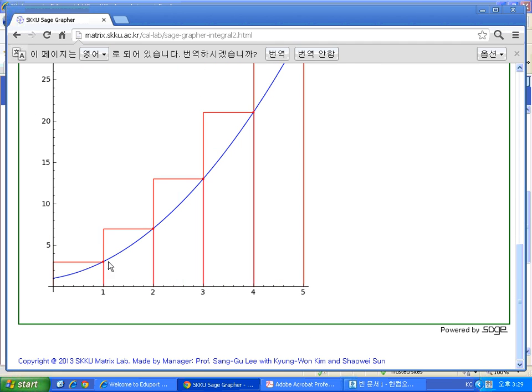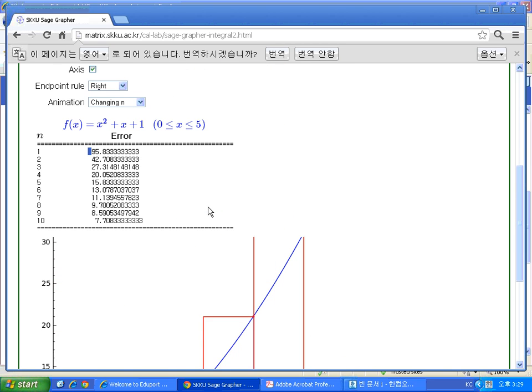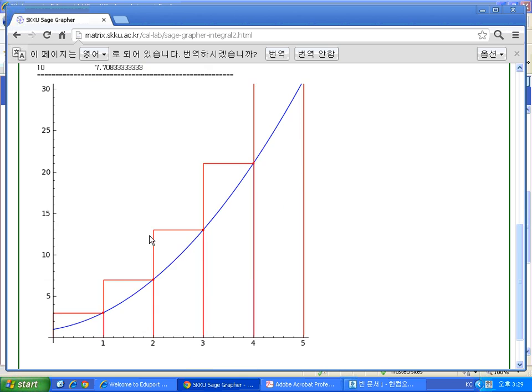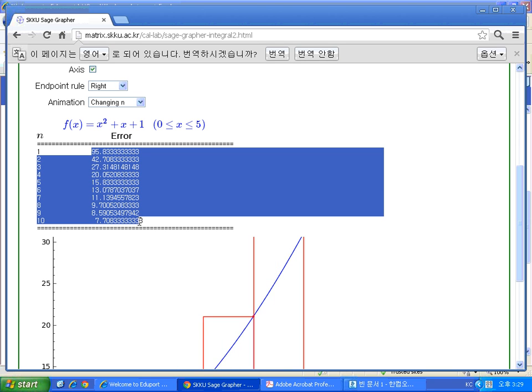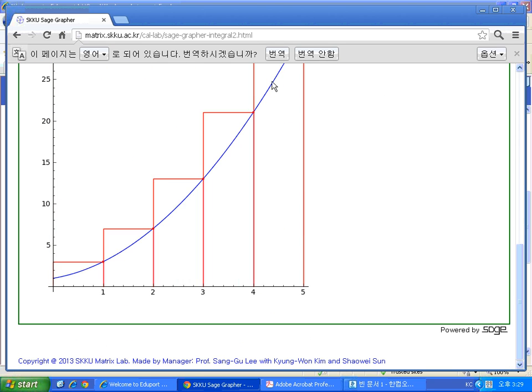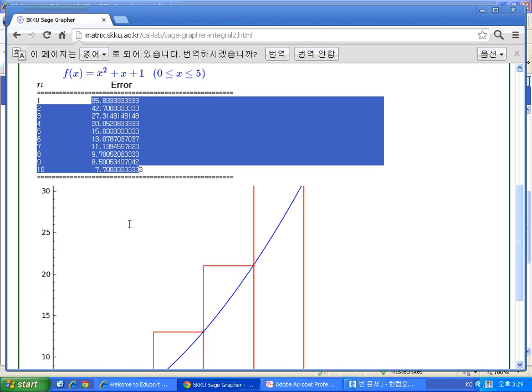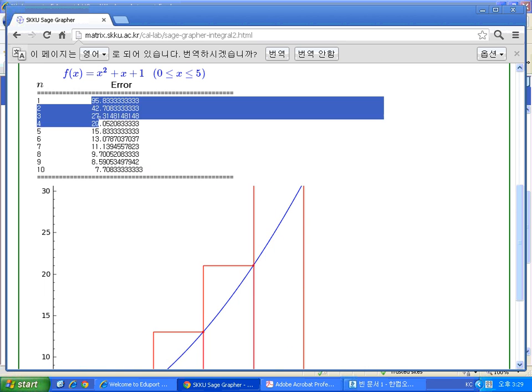When you use more rectangles to approximate the area under the graph, these numbers show that the error between the real area and the approximate area decreases.